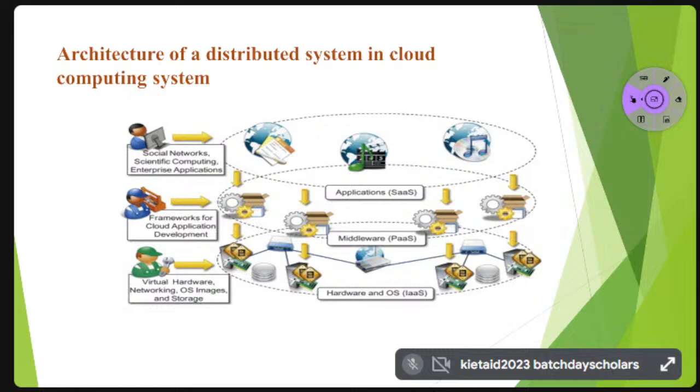See here also, in the cloud computing environment, how the distributed system is working. In the same way, on top are the end users who want to communicate with the cloud system, the cloud services. The cloud services can be computed with the framework, the cloud application development layer. On that layer, the communication can take place. Once the communication has been established, then the bottom layer, hardware components.